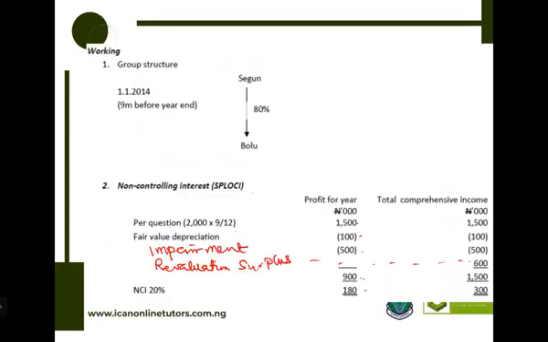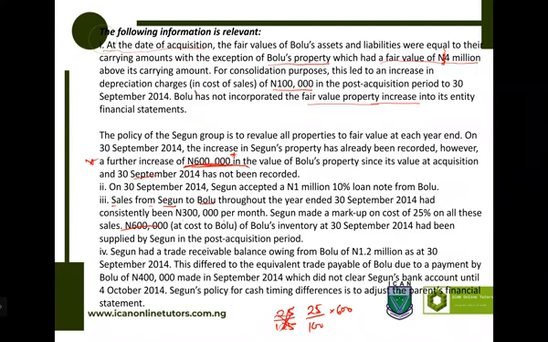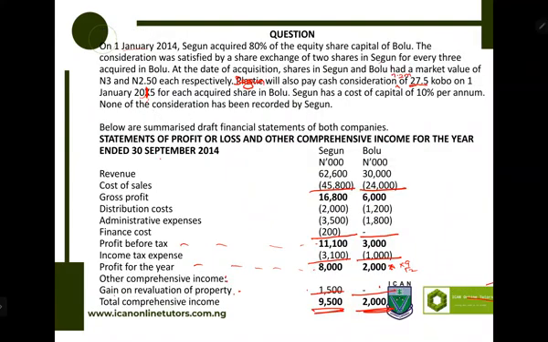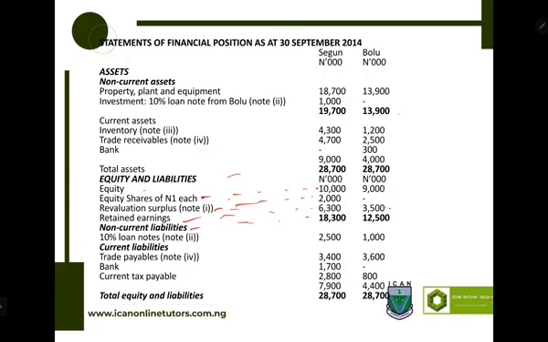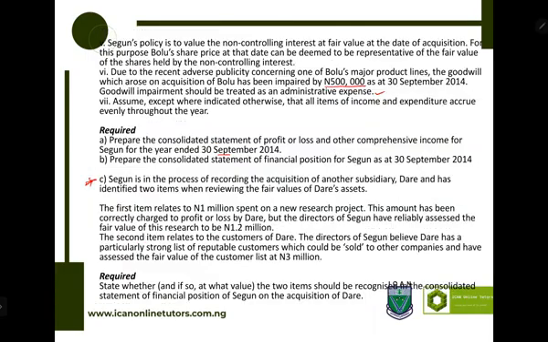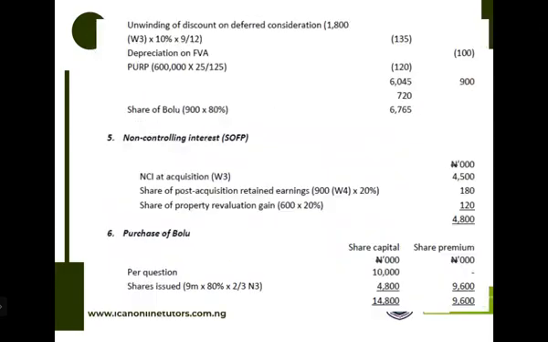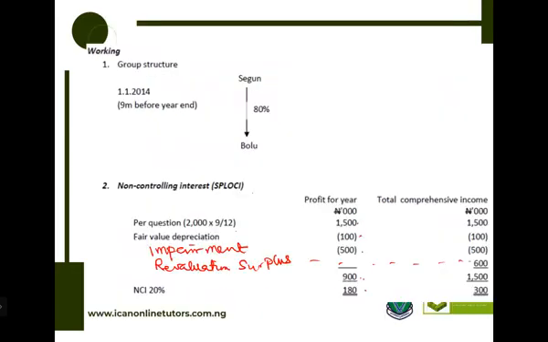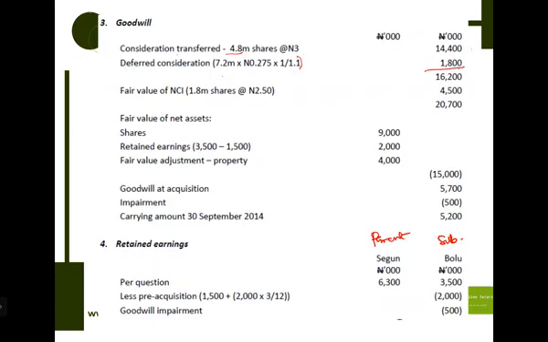The 7.2 million that was omitted, where did I put it? 7.2 million naira at 27.5 kobo. That is how we got our 1.8. Addition of the two gives us 16.5. Then the fair value of NCI at date of acquisition: the fair value of the shares that remain out of 6,000 shares.